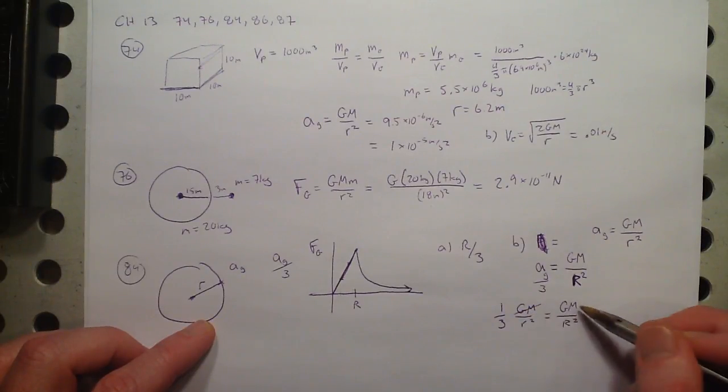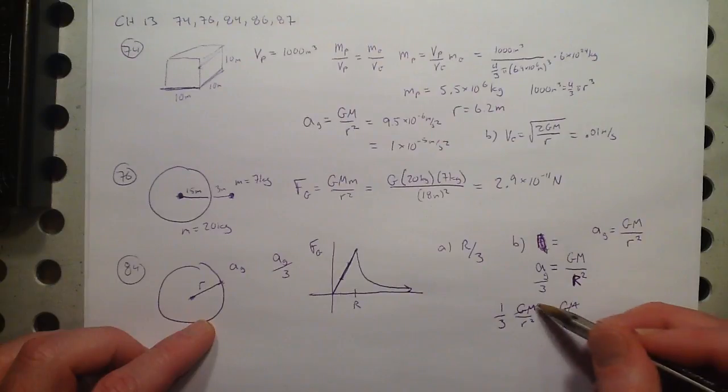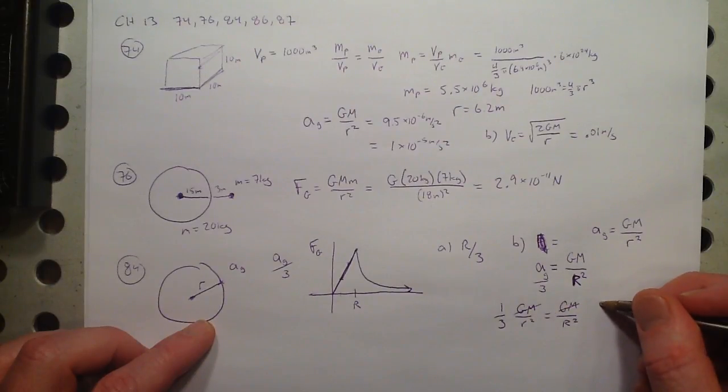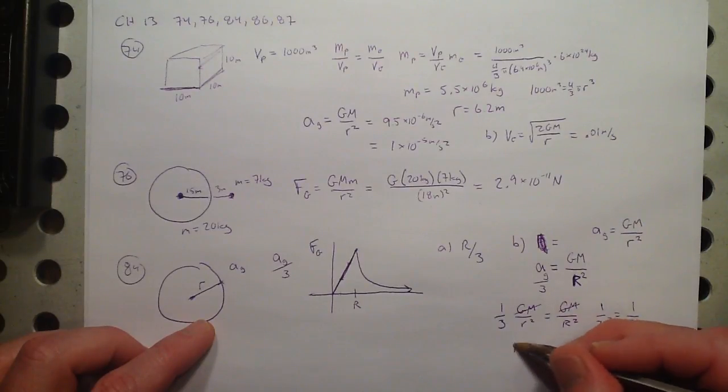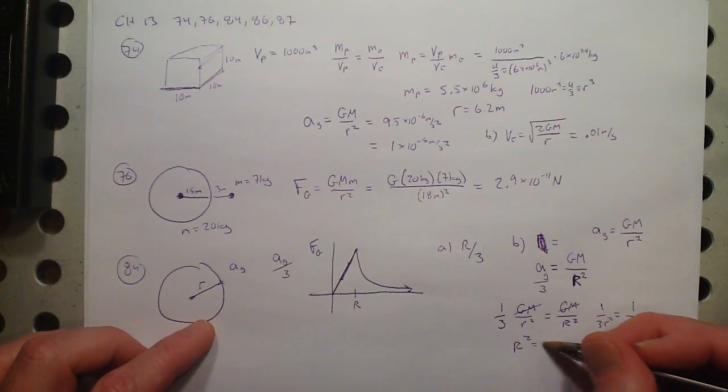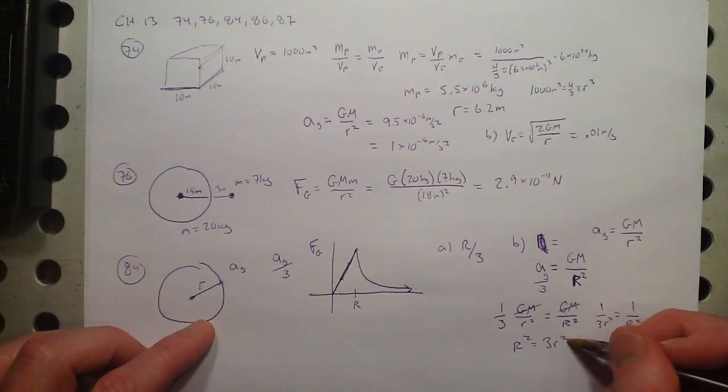So those cancel out. So that gives me 1 over 3 r squared is equal to R squared. And this is the r I'm trying to solve for. So cross multiplying, r squared is equal to 3 times the radius of the planet squared.